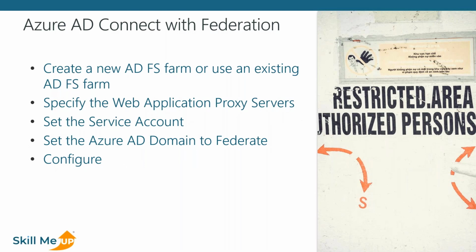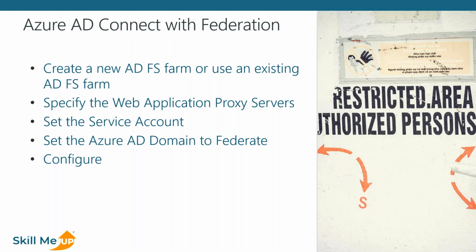Another option here is to utilize Azure Active Directory services. So this allows you to configure federation with on-premises ADFS and Azure AD. Now, the Azure AD Connect tooling will let you do this. Now, the process to this is to create your Active Directory Federated Services farm. It does need to either be brand new or you need to create that new farm.